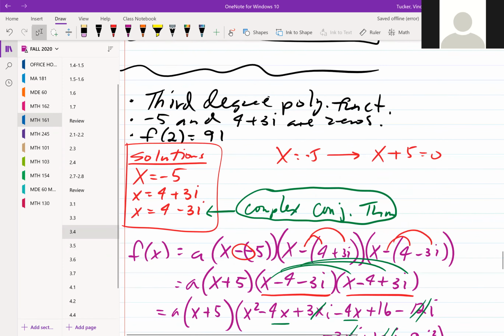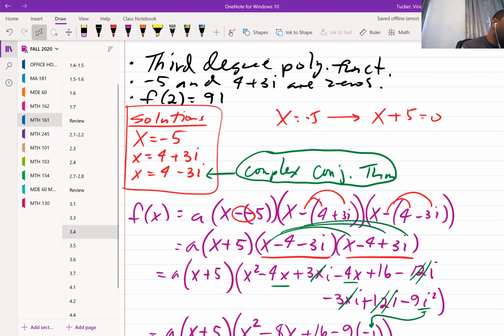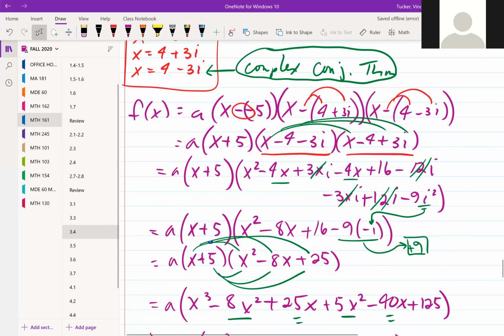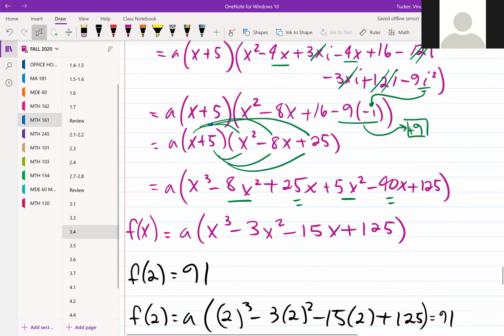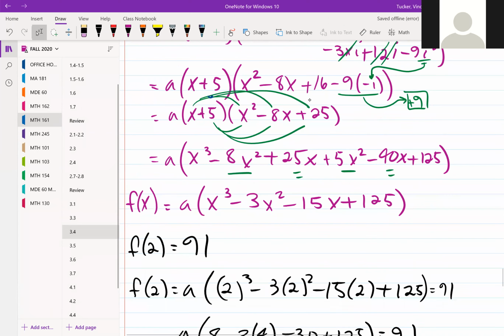Just stay there. It's where the 91 is. Can you go a little bit down? Yeah, right there.